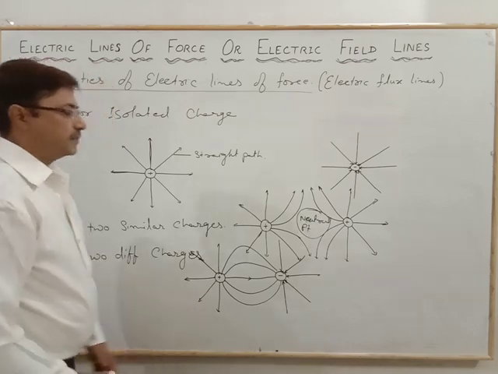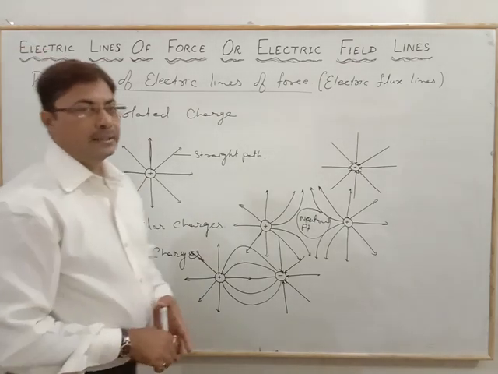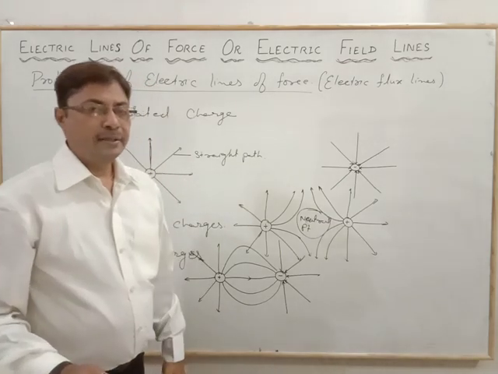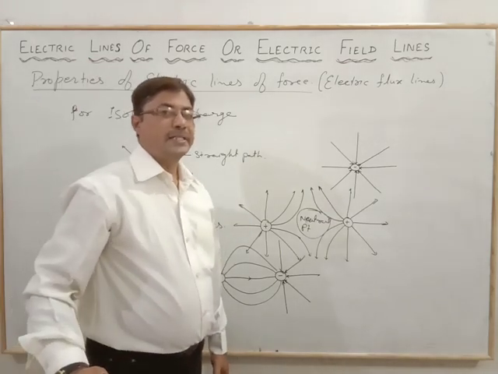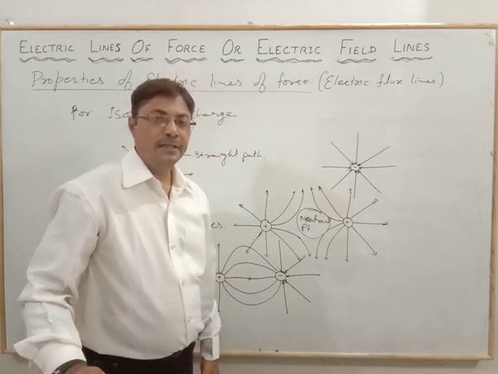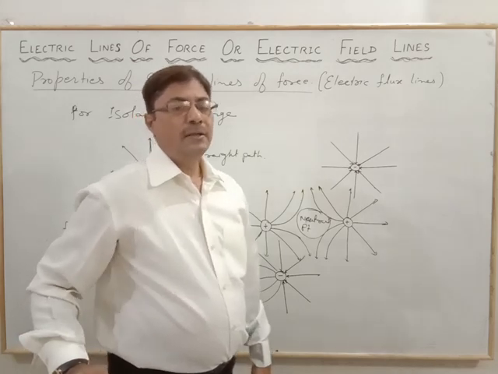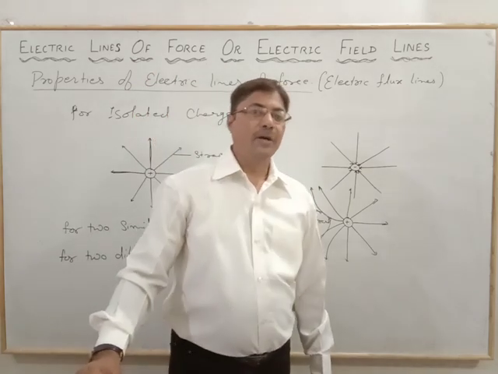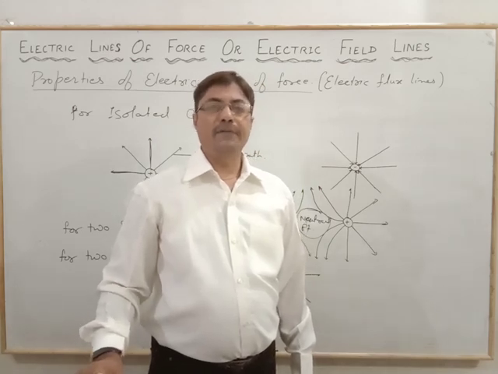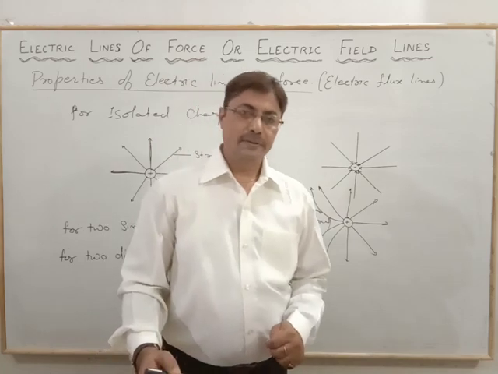So these are the arrangements of the field lines, and the important point again is that field lines are imaginary, but the field represented by the field lines is real. Electric fields are real, but the electric field lines are imaginary. So next day we will see about the charges in the field and the behavior of the charge in the field. Thank you.